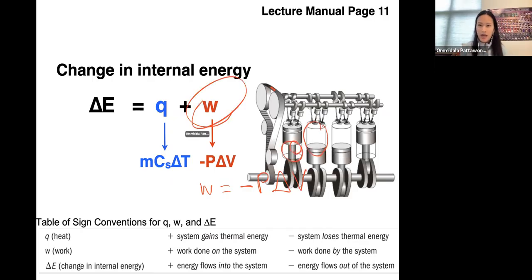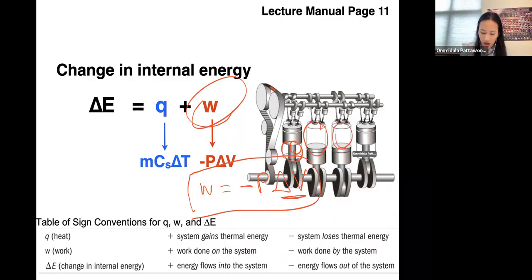I'm not going to talk much about how to calculate this, I'm just going to talk about the idea of it. So work comes from negative pressure times the change in volume, and in this case, we harness that through the change in volume in the cylinder.